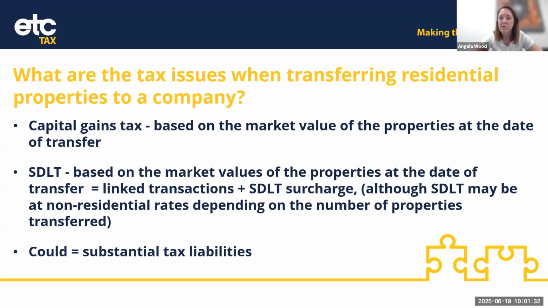But we've got to think about things like the linked transactions rules, and the fact that the SDLT surcharge would apply given that the properties are being acquired by a company, although we do have the possibility of applying non-residential rates of SDLT where a buyer is buying 6 or more residential properties in a single transaction. So there are things that we can look at there on SDLT, but nevertheless, we could be facing some substantial tax liabilities if we aren't able to access reliefs that may be available in certain circumstances.